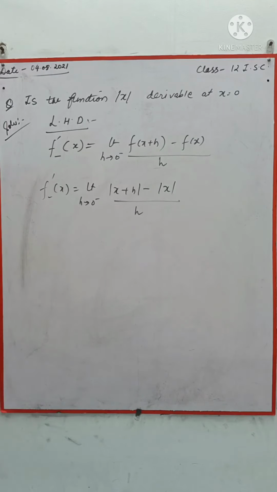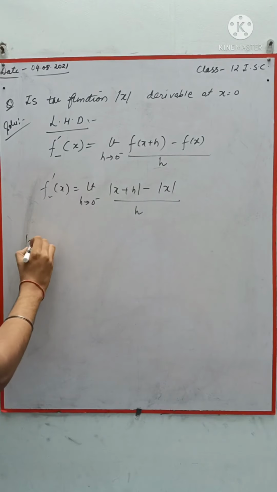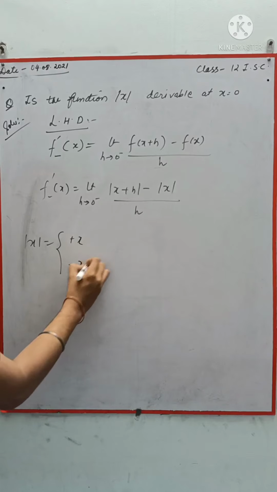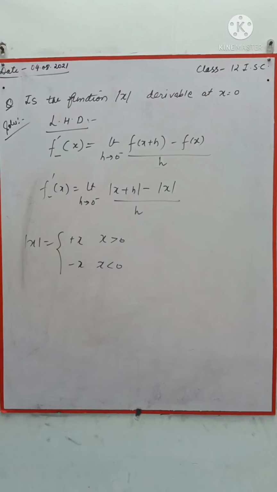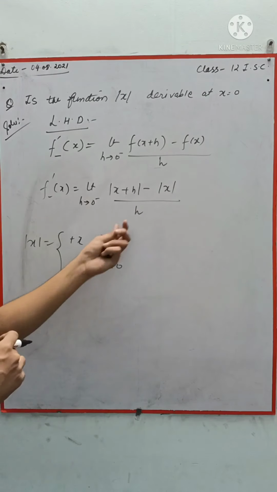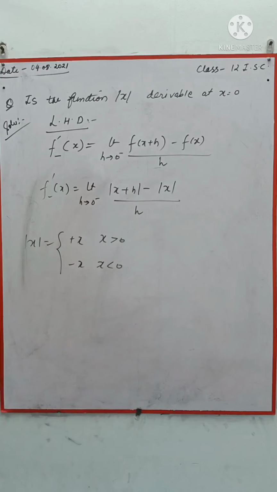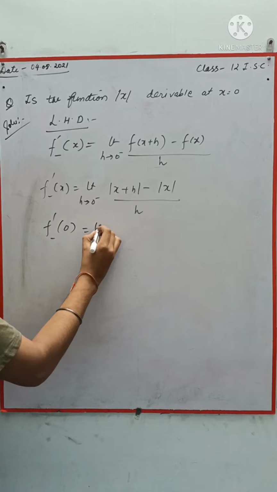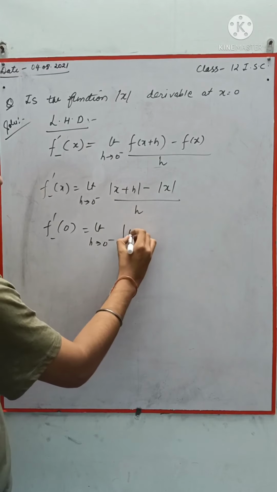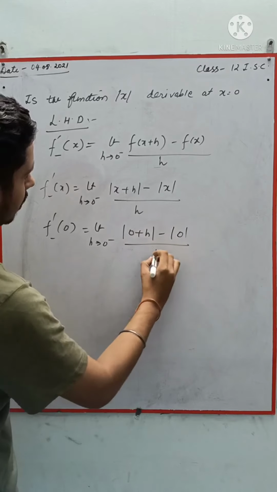Now, we know that the modulus of x gives two values: positive x when x is greater than 0, and minus of x when it is less than 0. So at x equal to 0, f dash of 0 minus, limit h tends to 0 minus, is modulus of 0 plus h minus 0 upon h.